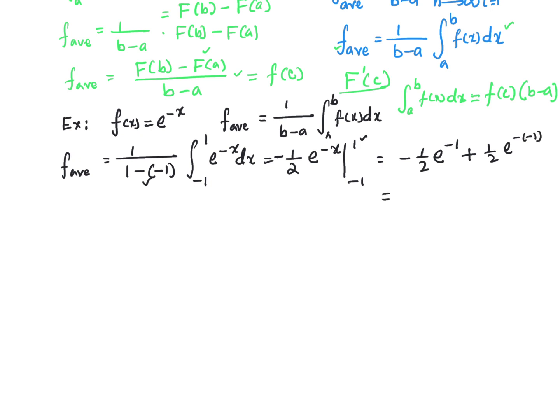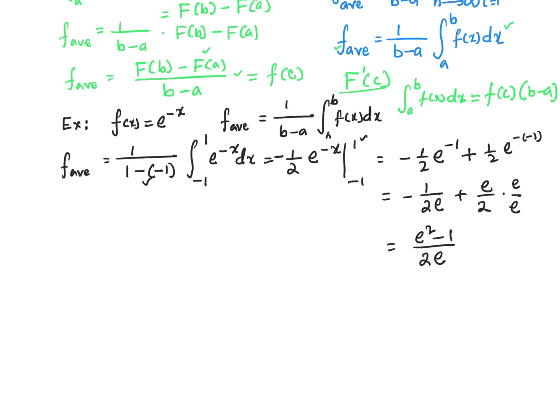So that's going to give me negative 1 over 2e plus e over 2, and I can multiply and divide by e to make the common denominator. That gives me e squared minus 1 divided by 2e. So that's going to be the average of this function in the interval.